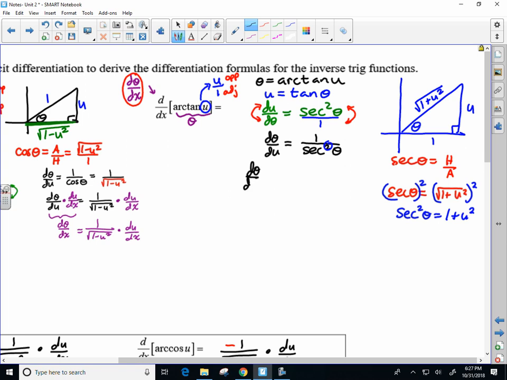So d theta du, leave a little space, just like we did for the last one, is equal to 1 over 1 plus u squared. But again, I want d theta dx, so I'm going to multiply both sides by du dx.